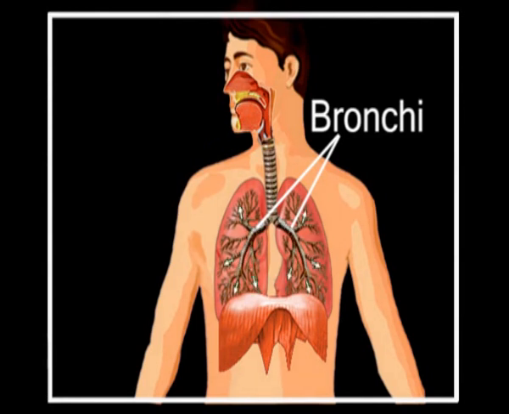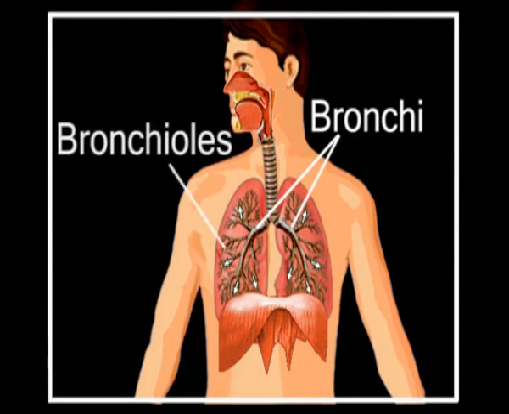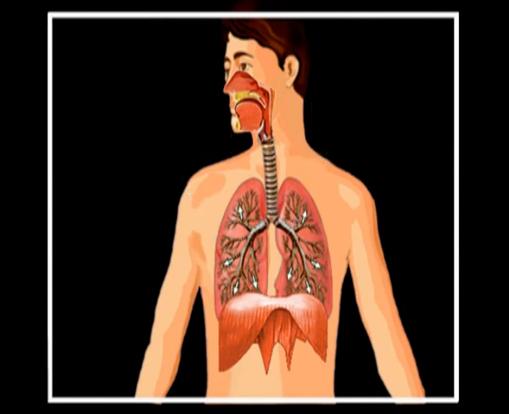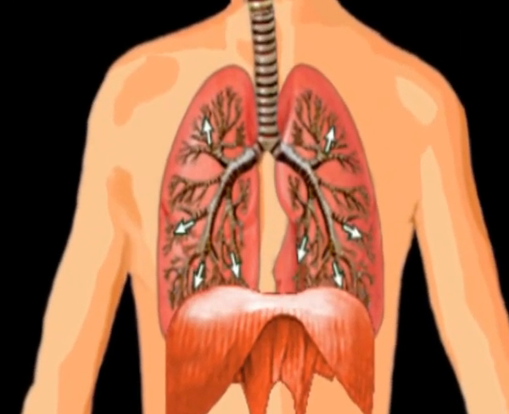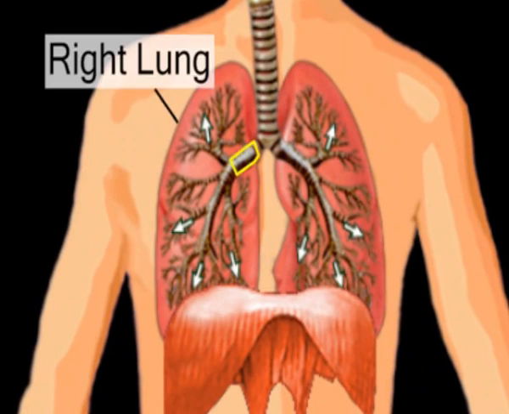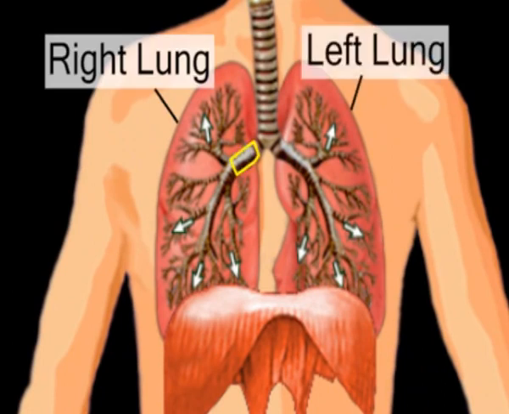Next part of the respiratory tract is bronchi and bronchioles. In the middle of the thorax, the trachea divides into two tubes, the major or primary bronchi. One major bronchus enters the right lung and the other the left lung.